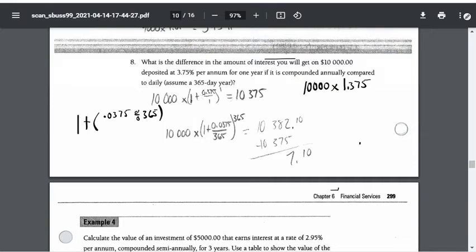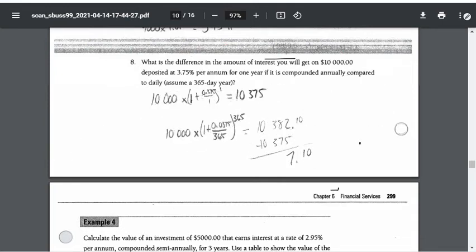And once I got that, I end up with a really tiny number. I took it to the 365th power because it happens 365 times, and times it by 10,000. And that's what I ended up with. When I subtracted them, I got a difference of 710.